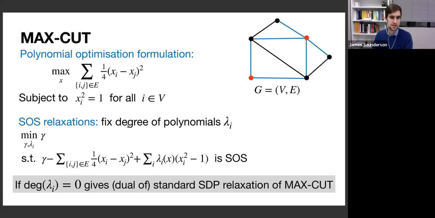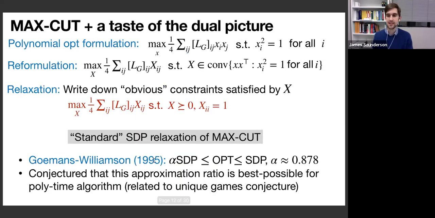And in principle, you can choose higher degree multipliers here and get tighter and tighter bounds on these problems. One of the really interesting things about this particular problem is that we can say something about the quality of this bound, right? And this is something that Andrew asked about on Monday.